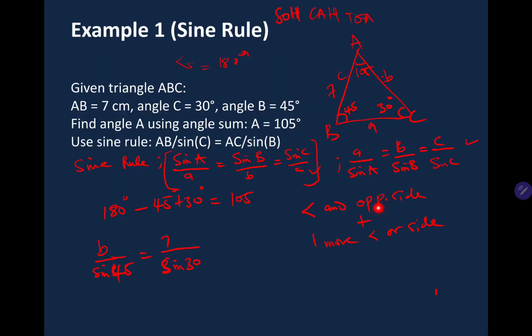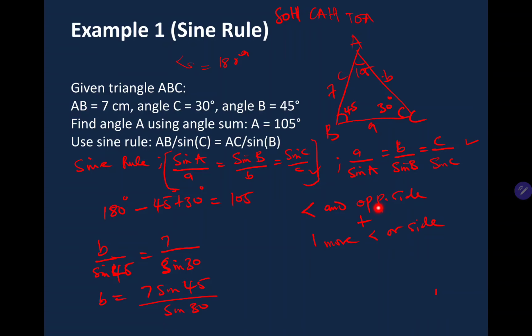All right, so we have b over sine 45 is equal to 7 over sine 30. Now what we do here, we cross multiply to get the missing side b. So if we cross multiply, we're going to have b is equal to 7 sine 45 all over sine 30. What is left is simple arithmetic. You use your calculator, check what sine 45 is and what sine 30 is. You multiply by 7 and then you get your answer b.